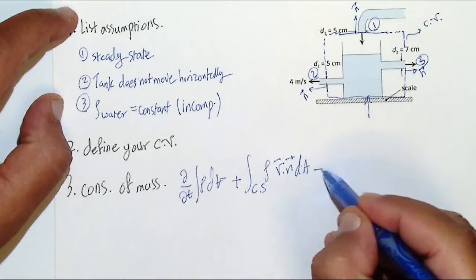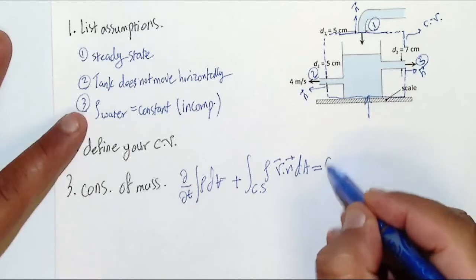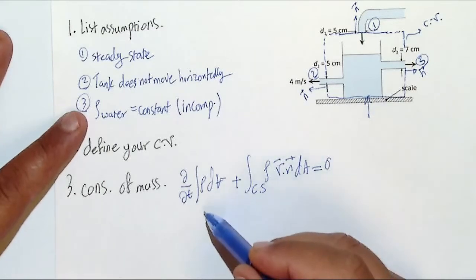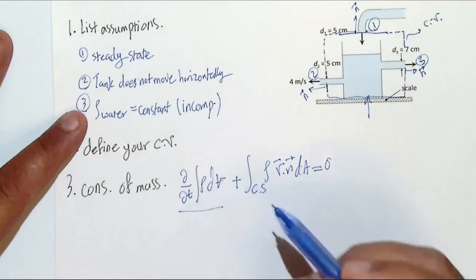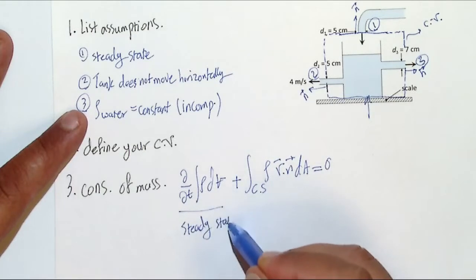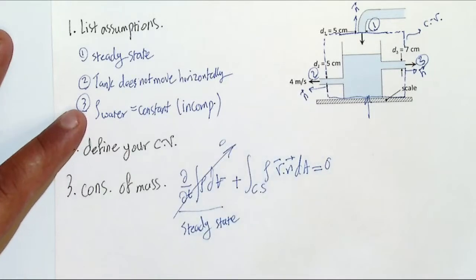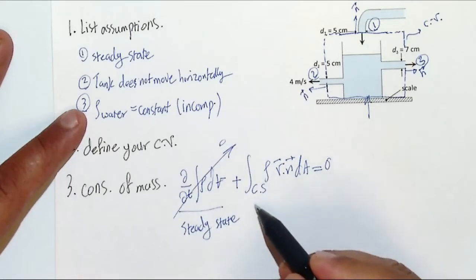It has to be the total derivative of mass in the system, which is 0. Also, since it mentioned that it's a steady state, the first term is going to be 0, right? So that's going to be the only term.